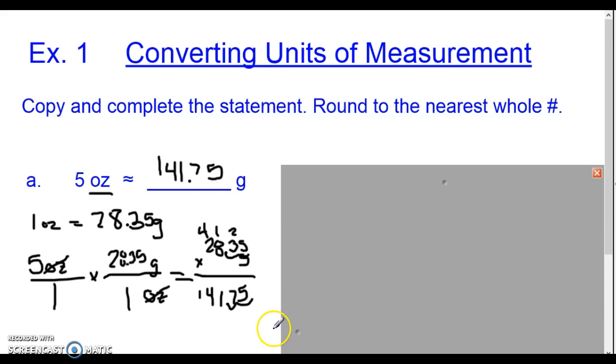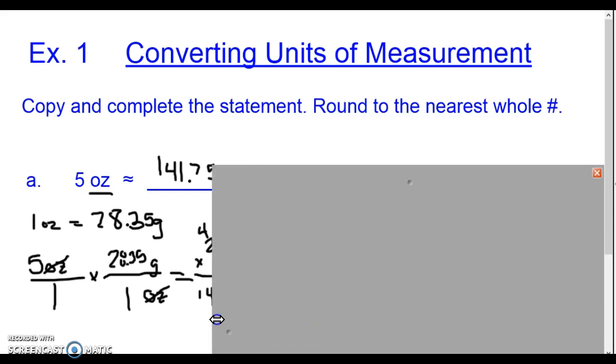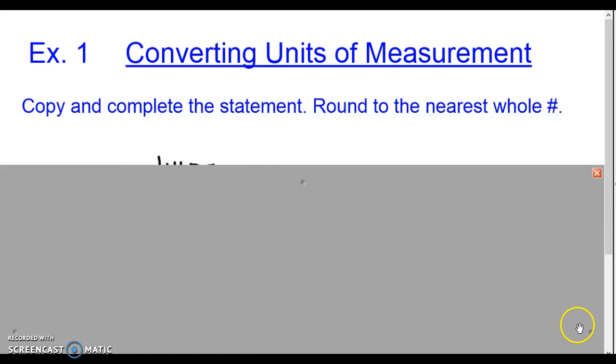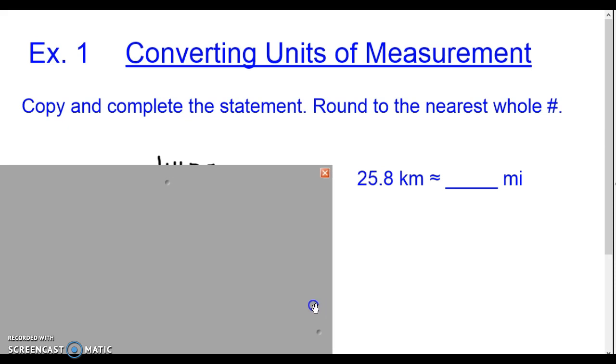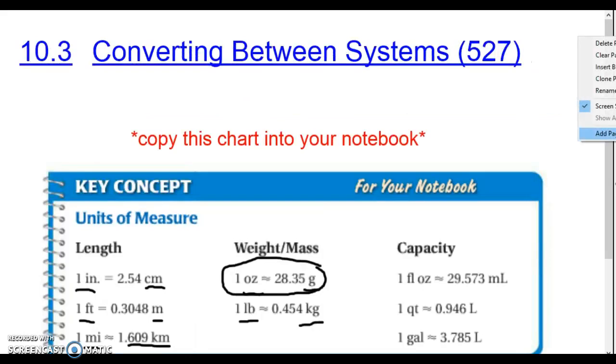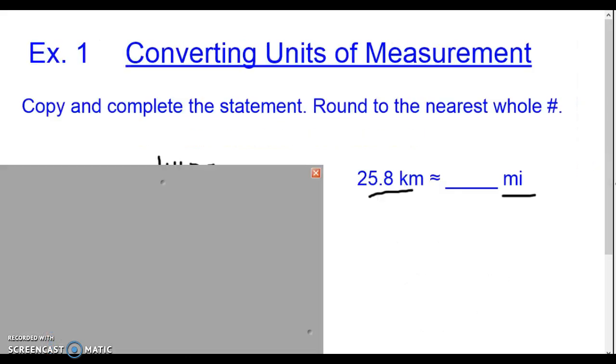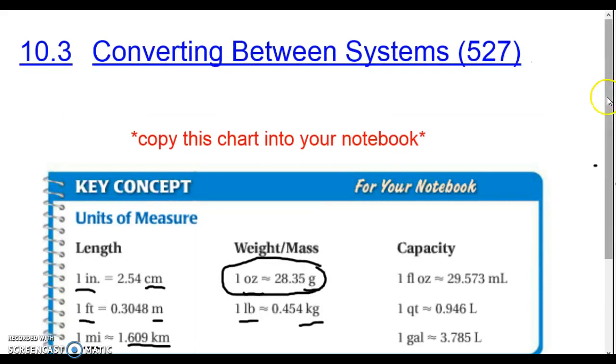Okay, let's go ahead and look at your next one. So this next one is going to be B, and here you're converting between kilometers and miles. So what's the first thing you need to do? If you said you need to look back at your chart, you are correct. And we're going between kilometers and miles.